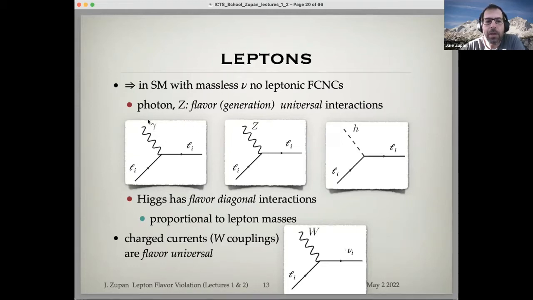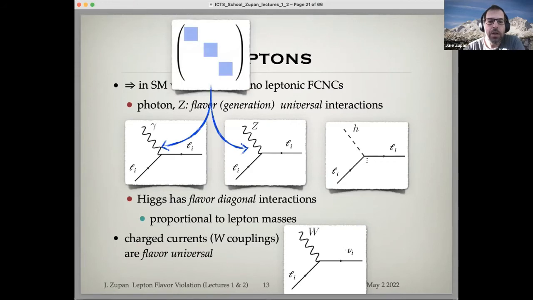So what that means is that the photon coupling to the charged leptons, the Z couplings to the leptons, and the Higgs coupling to the leptons, they're all, I should not say they're, flavor diagonal. These guys are flavor diagonal. The Higgs is flavor diagonal but not universal, proportional to the lepton masses.